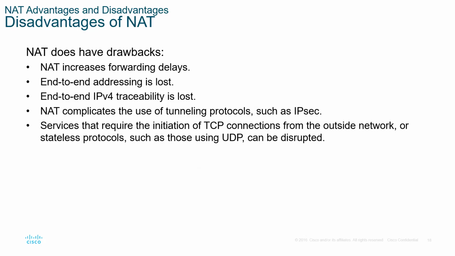Why? A lot of overhead. There is a lot of processing that is required to be done. When you are translating, that's processing. That's where the delay is coming from. When you want to translate back from private to public, when you want to translate the port numbers, that's a lot of processing. That's where I think the delays are coming from. End-to-end addressing is lost.